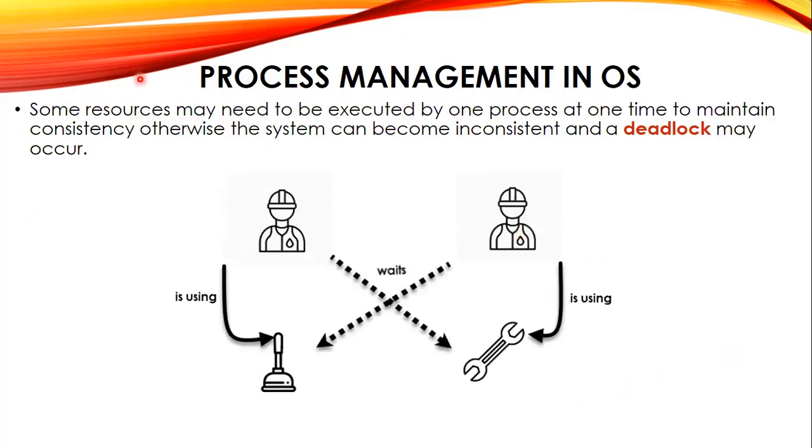But in some case, some resources may need to be executed by one process at one time to maintain consistency. Otherwise, the system can become inconsistent and the deadlock may occur.